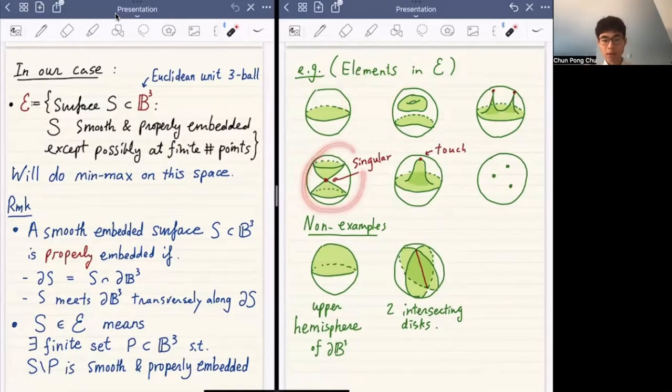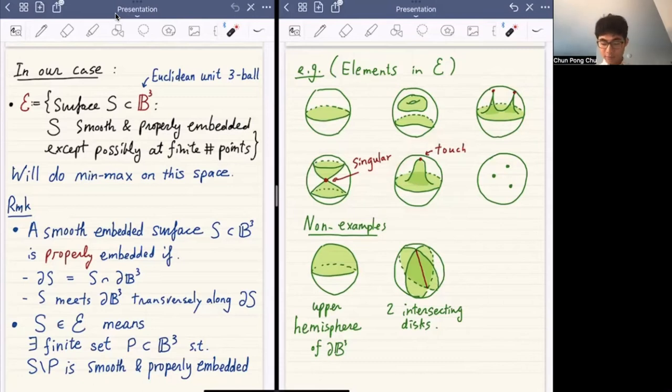Similar for this one, it has only one singular point, so it is allowed. And this one is also okay because it touches the boundary of B3 at only one point, so it is only non-properly embedded at one point, so that is allowed.